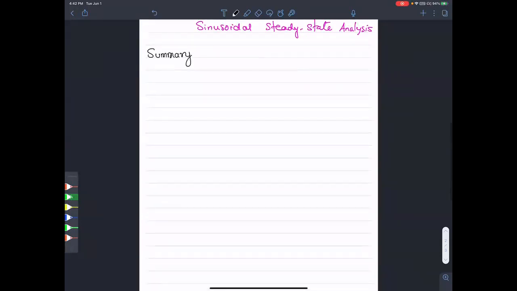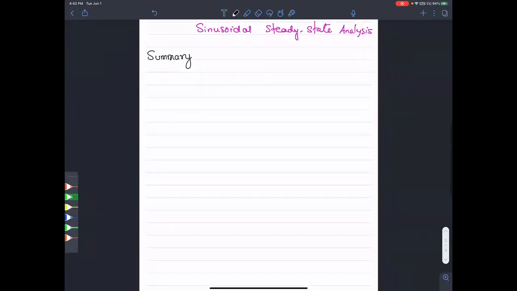So, sinusoidal analysis. A sinusoid, we could be talking about a cosine or sine wave, is a very, very useful input signal.